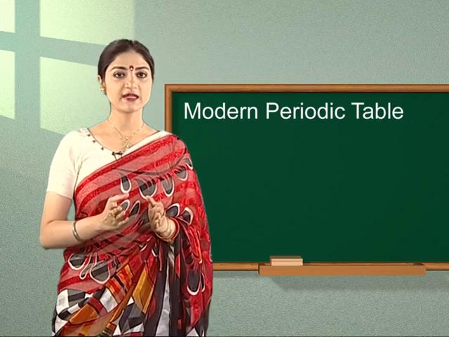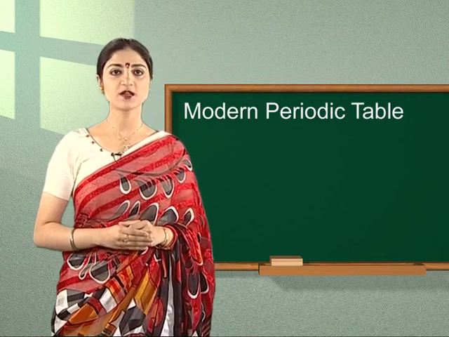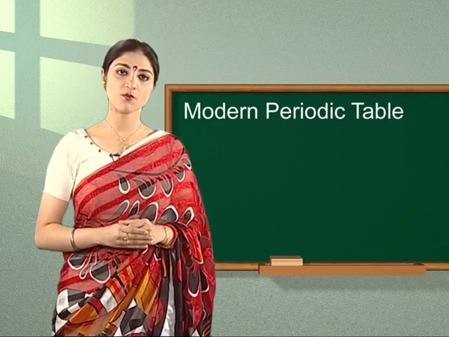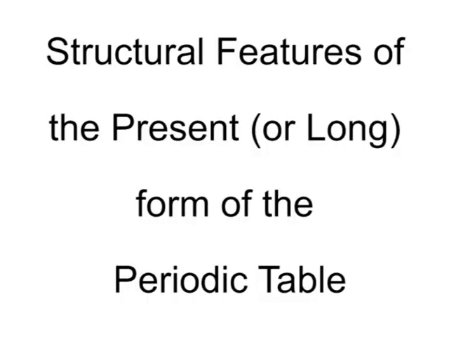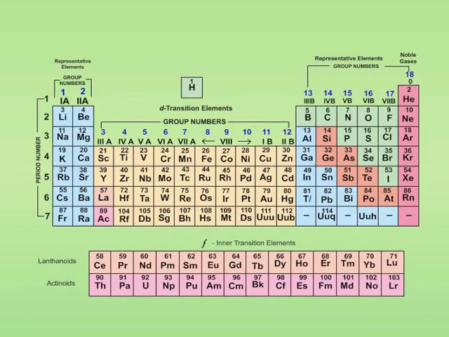Children, let us now once again come back to our topic and discuss more. Structural features of the present or long form of the periodic table. The present long form of the periodic table is based upon the electronic configuration of elements.